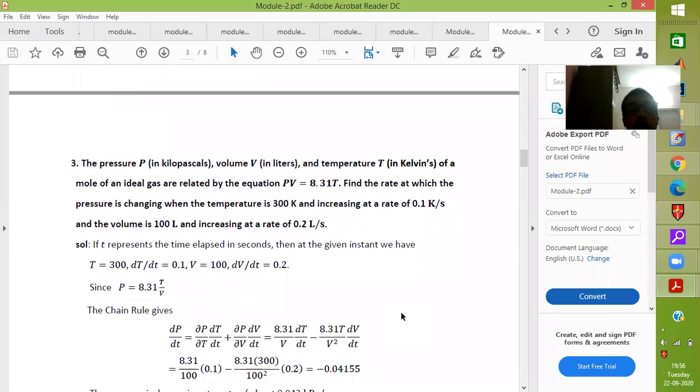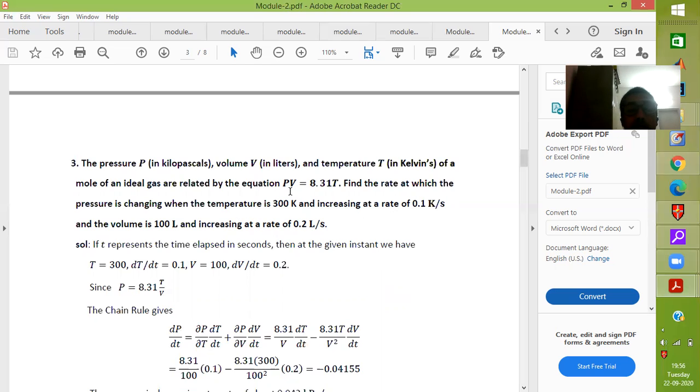This is a similar problem where we talk about the pressure P expressed as PV is equal to 8.31 times T, where T is the temperature, V is the volume, and P is the pressure. So data is given. You just have to begin with the equation which is given to you. That is PV is equal to 8.31 times T. The question is to find the rate at which the pressure is changing.